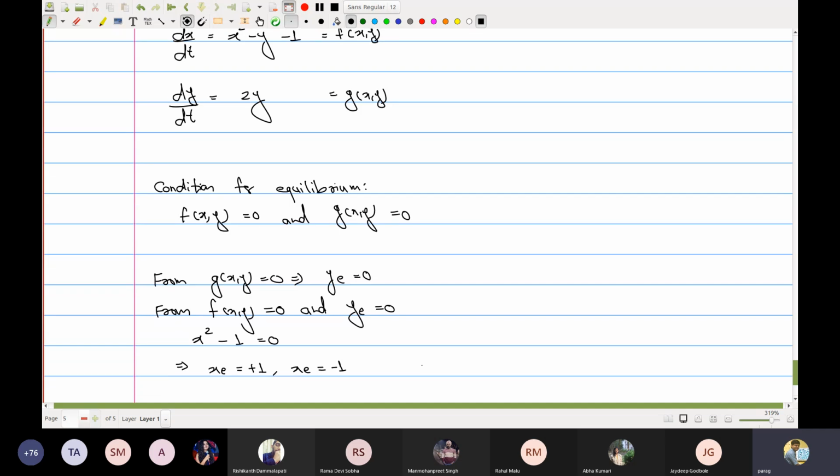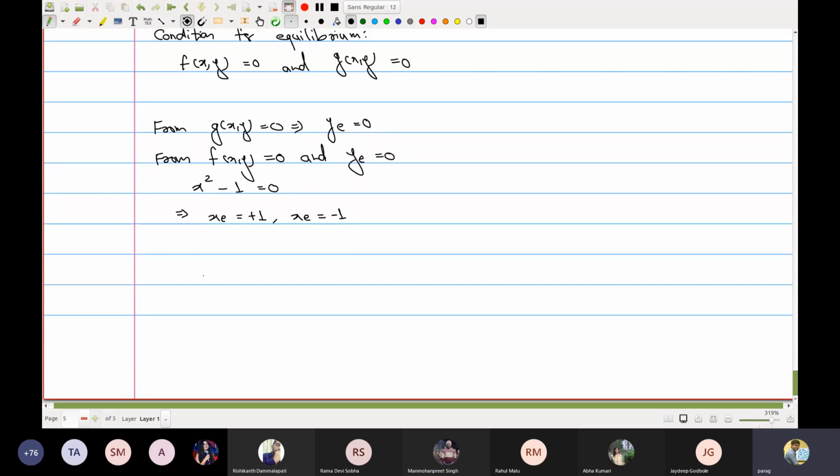So therefore, what are my equilibrium solutions? (1, 0) transpose and (minus 1, 0) transpose.